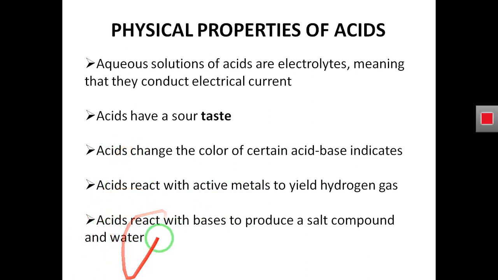Acid can react with active metal to yield hydrogen gas, meaning that when a metal reacts with acid, the reaction yields hydrogen gas. You can physically identify this: if you have a sample and you mix it with metal, and the metal yields gas, it means you have an acid in your sample.